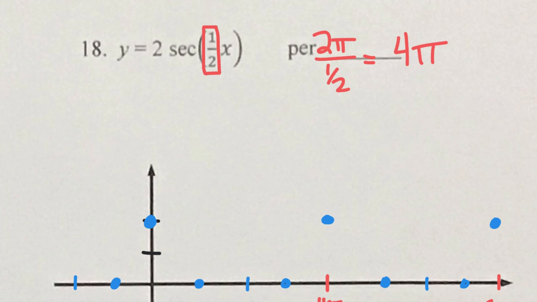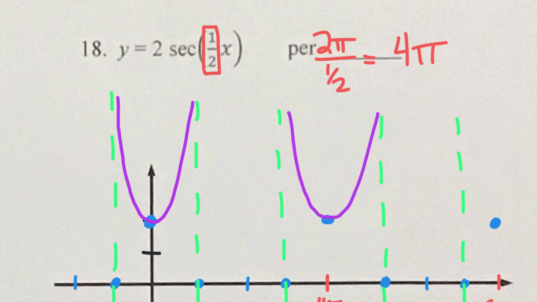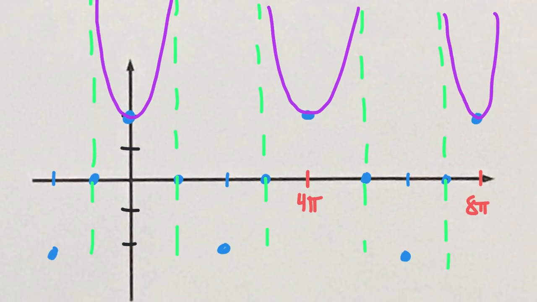Starts at a max, ends at a max, and is a minimum in the middle. And then your zeros. And from those points, now we put in your asymptotes and your graphs. Up from all the maxes, every max we have an upward facing u, and all the minimums we have a downward facing u.